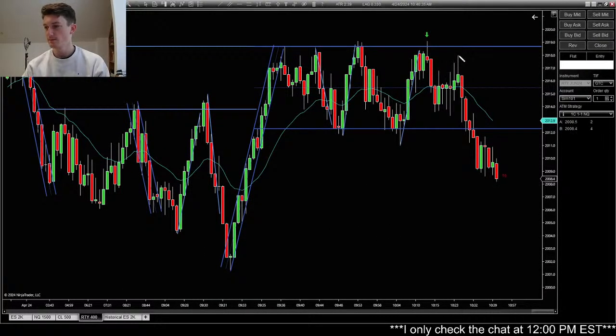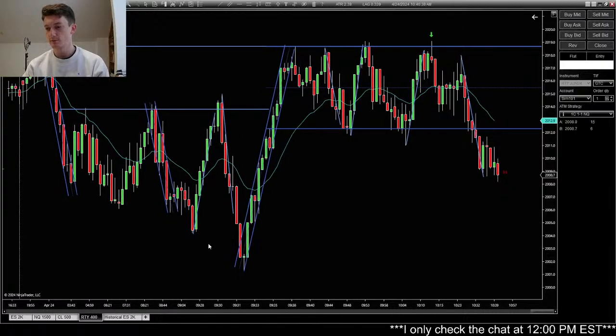The RTY, breaking below this range there. And I removed this earlier, but this might come into play later.